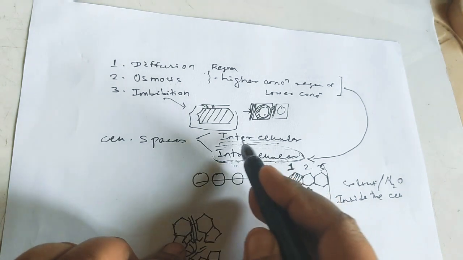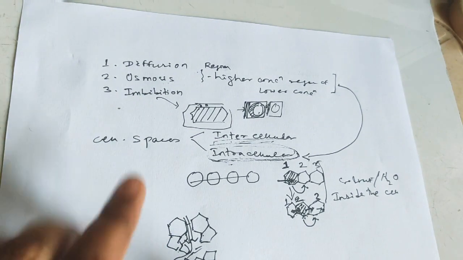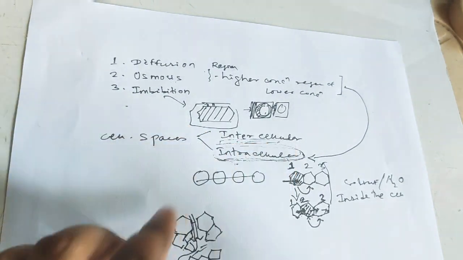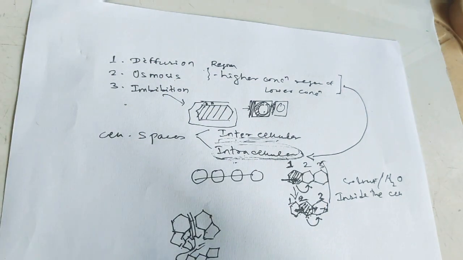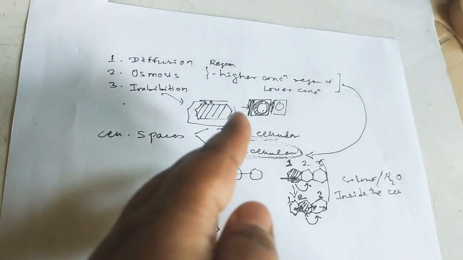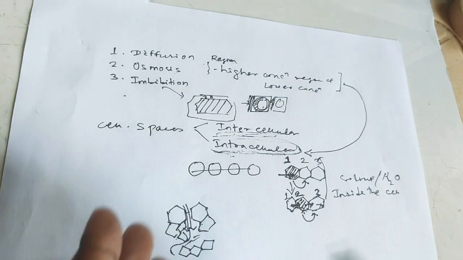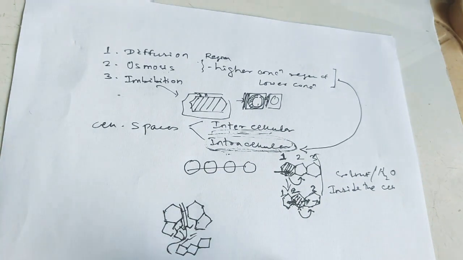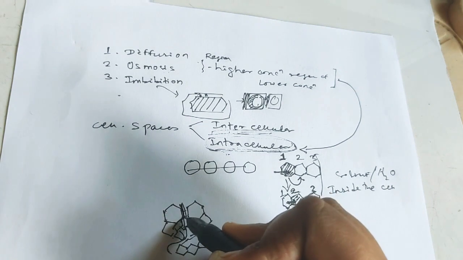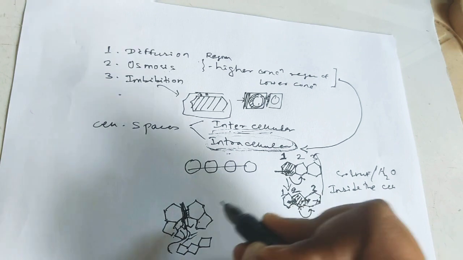Remember this. In this case, imbibition occurs. When water passes through the intercellular spaces, imbibition occurs, because when the water travels between two cells there is a chance that it is adsorbed at the surface level, that is, the cell wall. Water moves from cell wall to cell wall and in between.